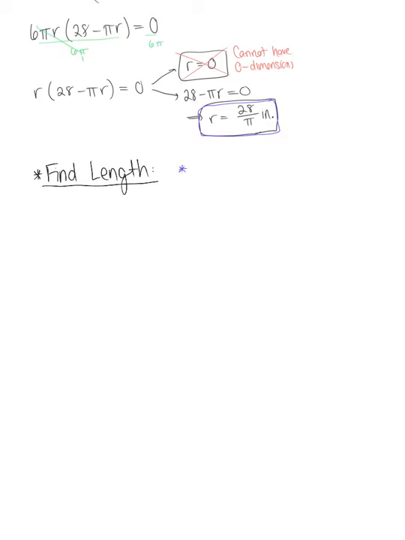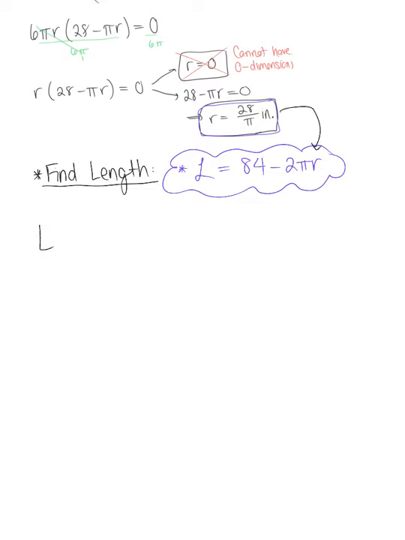So we can keep in mind that the length was defined as 84 minus 2 pi r from our post office restriction. So substituting our radius value into r, we have that the length is equal to 84 minus 2 pi multiplied by 28 divided by pi. And we can simplify.